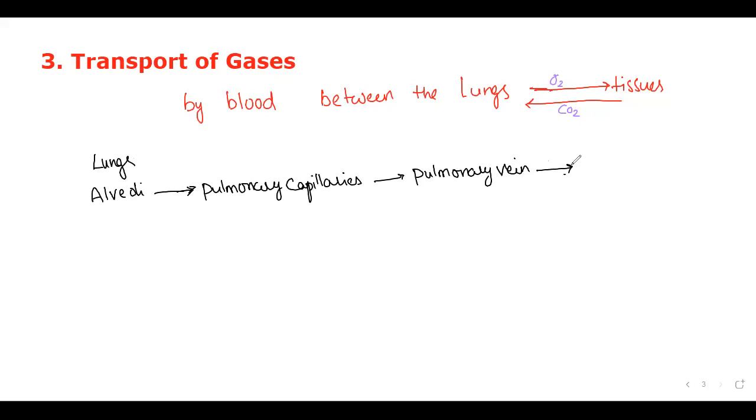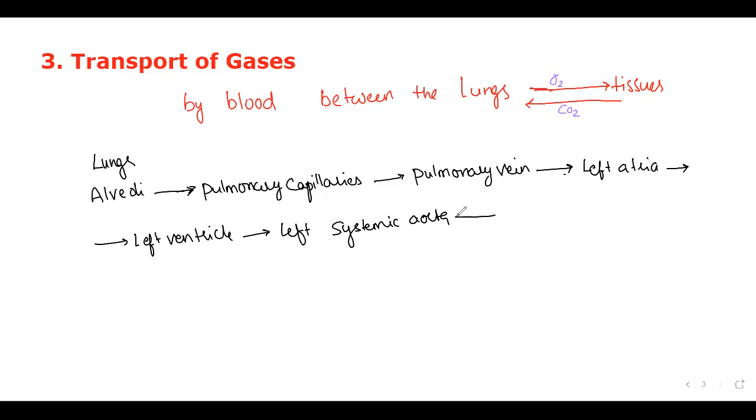Pulmonary vein opens into the left atria, then left ventricle, then left systemic aorta. Then it reaches the tissues.